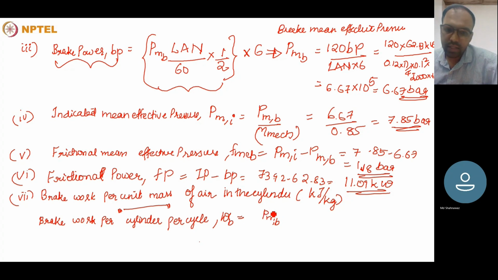The brake work per cylinder per cycle is given as the product of the brake mean effective pressure as well as the stroke volume.